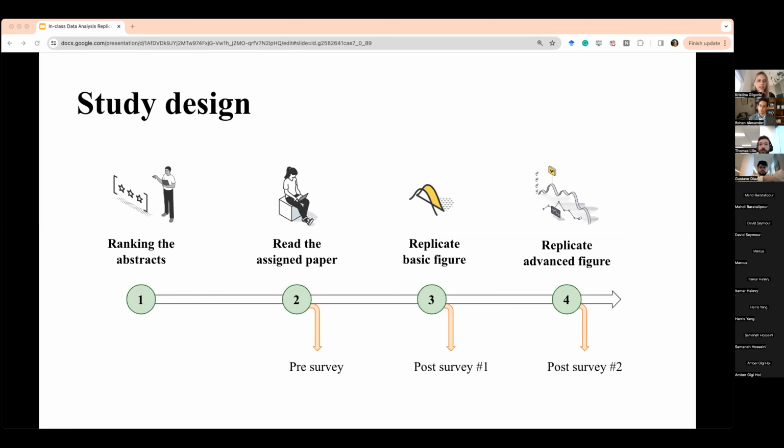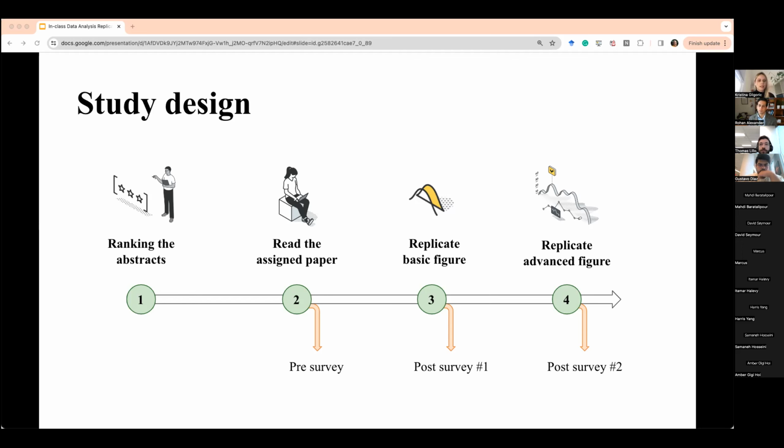Okay, and then the study design was the following. So first we had all students read all the abstracts and rank the 10 papers according to their preference in terms of topics and the covered techniques. Then we did matching of students to papers to optimize the preferences.